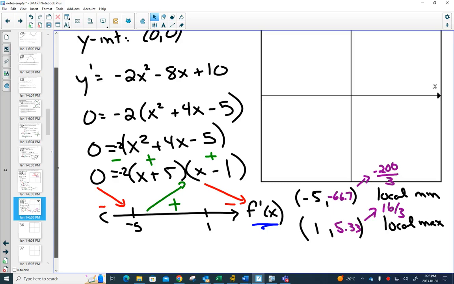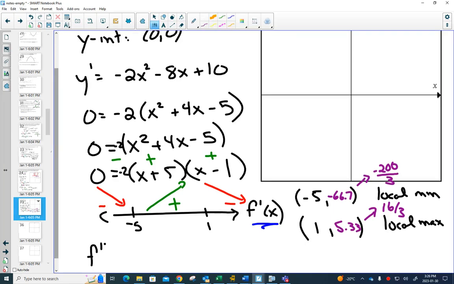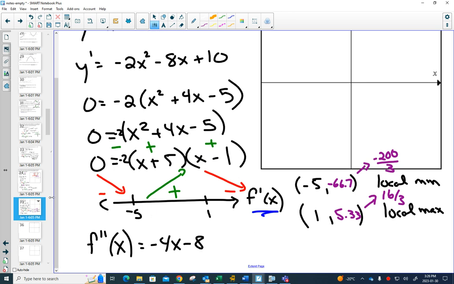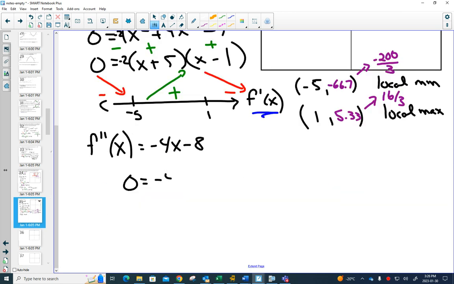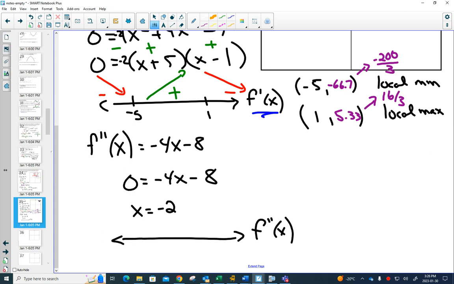Now, inflection points, we find our second derivative. So our second derivative will be negative 4x minus 8. We can set this equal to 0 and solve. And we're going to get minus 2.